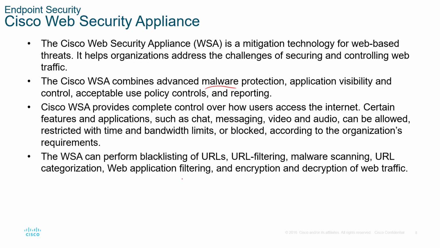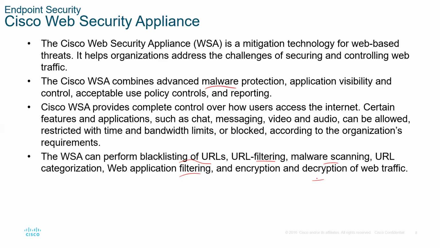Let me see, the WSA can perform blacklisting, URI filtering, malware scanning, web application filtering, then encryption, decryption of traffic. So this one basically manages our enterprise's web traffic, like highlighted, providing AMP, which basically detects and blocks malware.